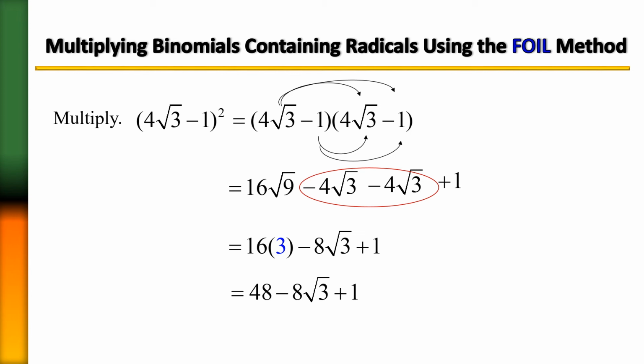And that's going to give you 49 minus 8 radical 3. And that's your answer. Don't try to overwork it by subtracting 49, take away 8. If you go any further, you're going to get it wrong. So again, be careful, know when to stop. At this point, we are done with the problem.